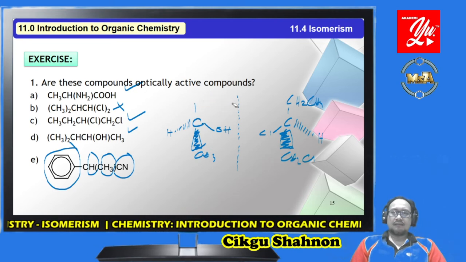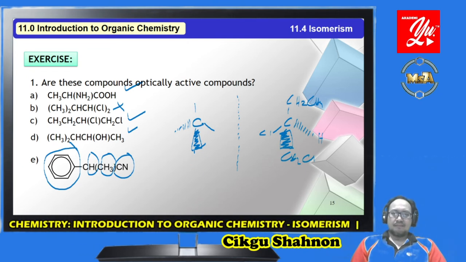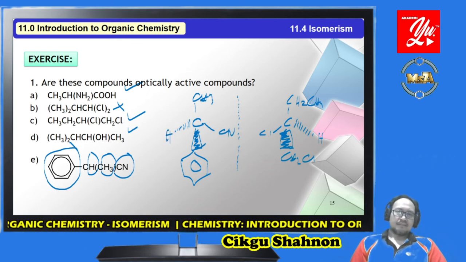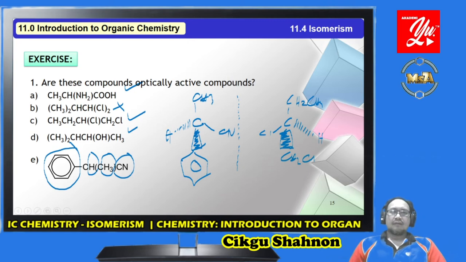It has a chirality center, so this is an optically active compound. Let's see. I want to put benzene here, CH3 here, CN here, and H here.